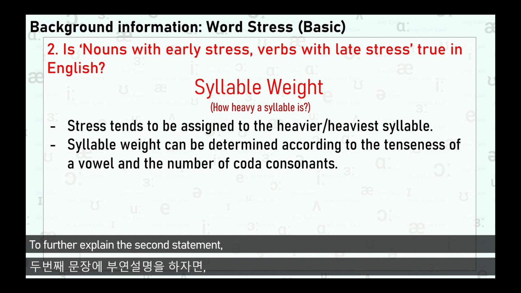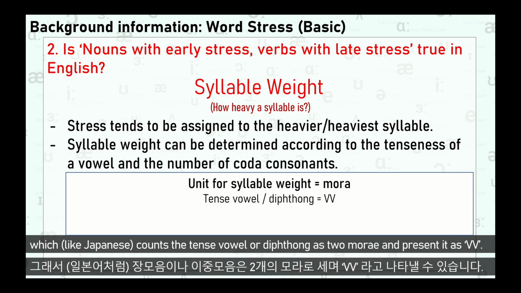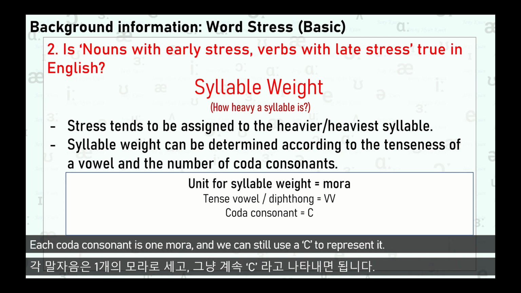To further explain the second statement, syllable weight is measured in mora, which, like in Japanese, counts the tense vowel or diphthong as 2 morae, presented as double V. Each coda consonant is 1 mora, and we can still use a C to represent it.